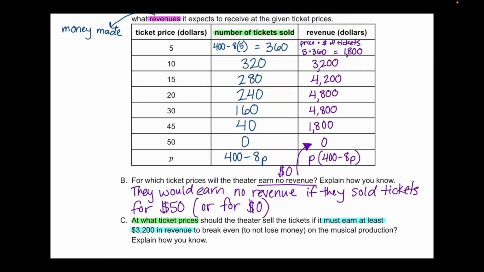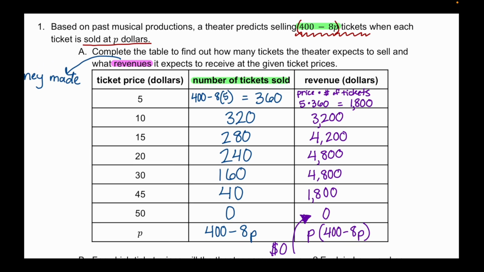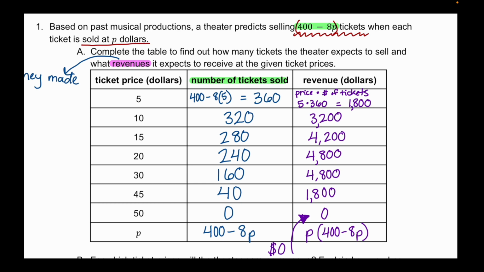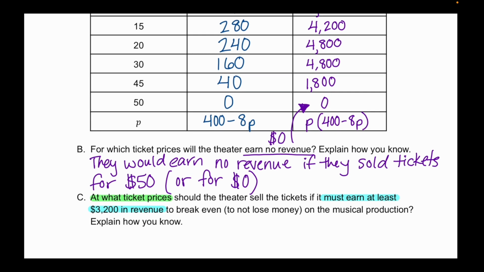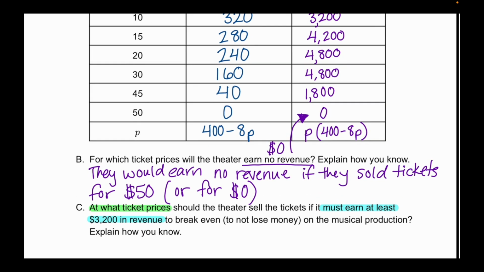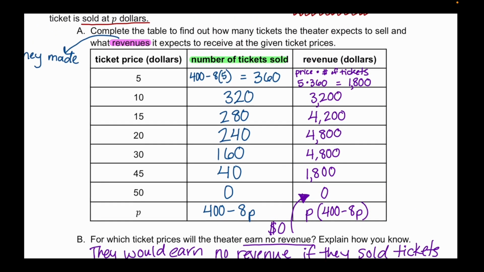And if we look at our table, we want to find potentially all of our numbers that are greater than, they said, well, at least 3,200. So equal to 3,200 is okay. So 3,200, I see right here in revenue, that one's fine. 4,200, that one works. 4,800, these ones work.